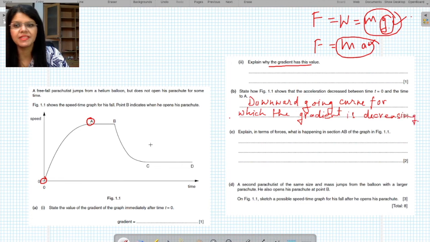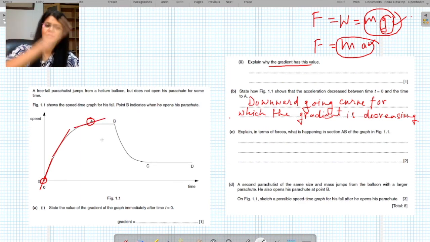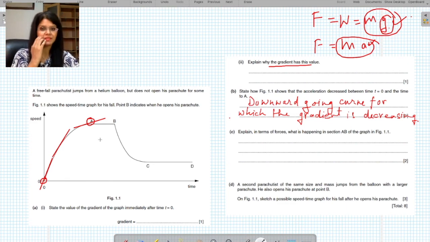It's decreasing with every passing time. The gradient is decreasing. The gradient was standing, going down. Let's draw the tangents, right? Let's look at the tangents. The tangent here would be something like this. The tangents are going down, right? The tangents are going down. The gradient is going down.